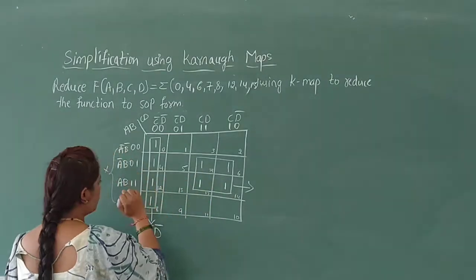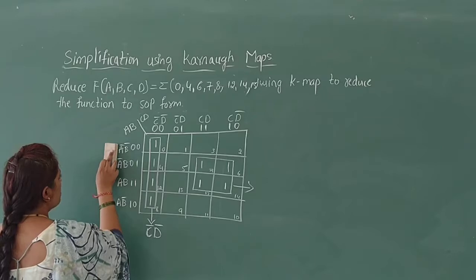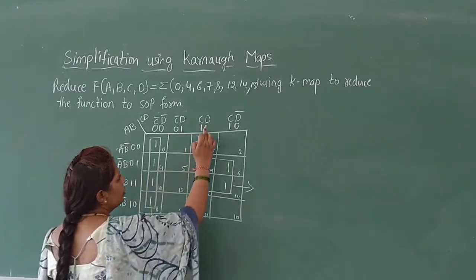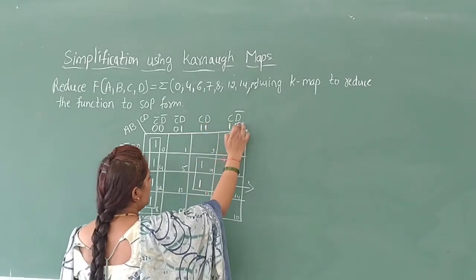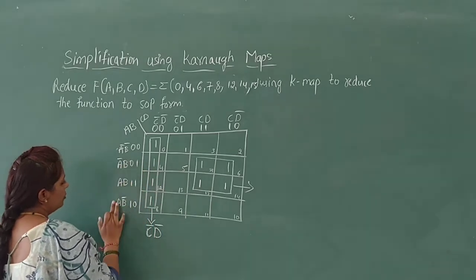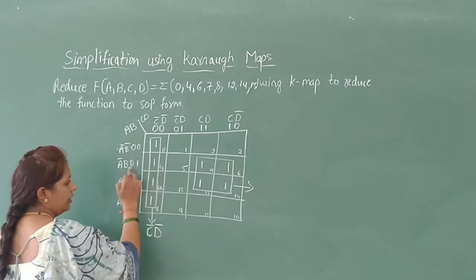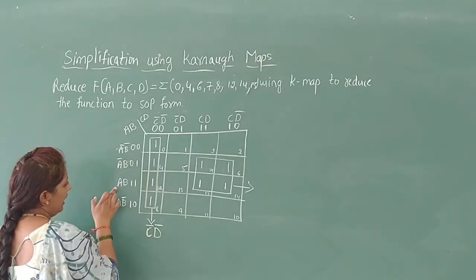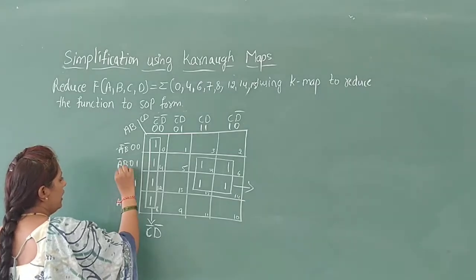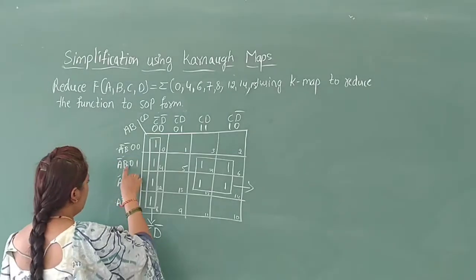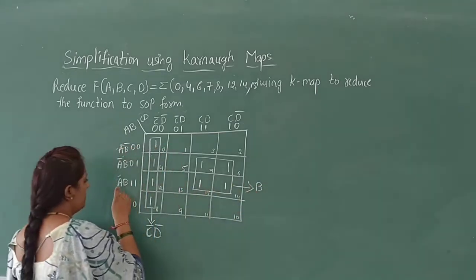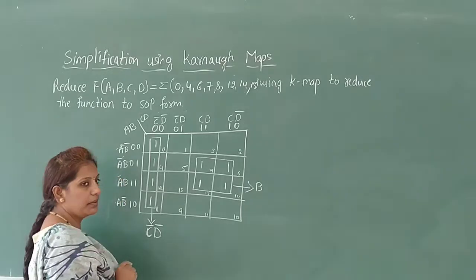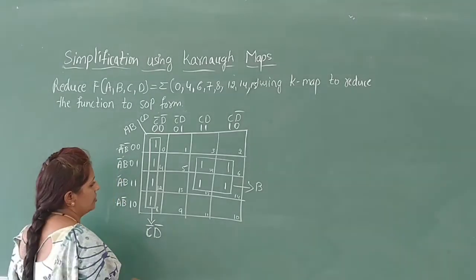And for this quad, values are formed in 2 rows and 2 columns. 2 rows means A bar B, A B. 2 columns means C, D bar. First see the rows, A bar B and next A B. When comparing these 2 rows, A bar is removed, only B is taken, because the A value changes from uncomplemented to complemented.